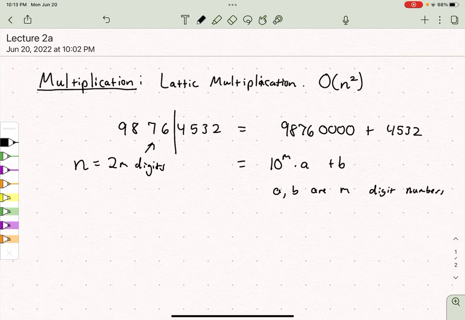Since we're thinking recursively, we might want to exploit this to multiply two numbers. Maybe we have two numbers x and y that we want to multiply, and we're going to assume these are both n digits.